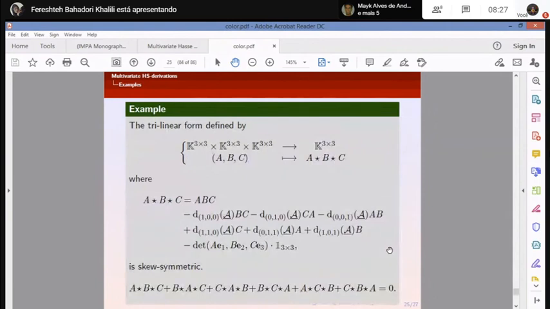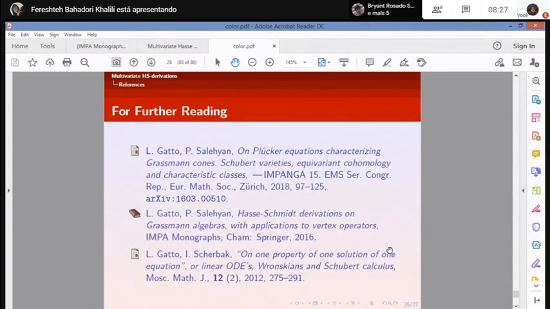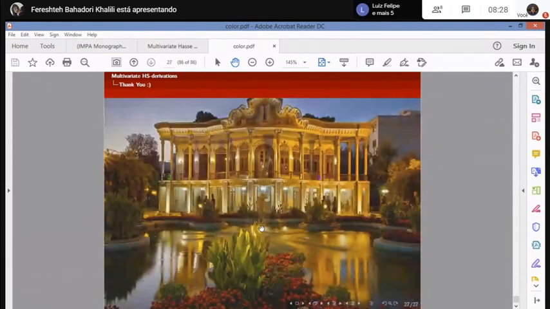And in case you are interested in Hasse-Schmidt derivations, I highly recommend this book and the other papers as well, but this book is quite complete and nice, and thanks for listening to my presentation.